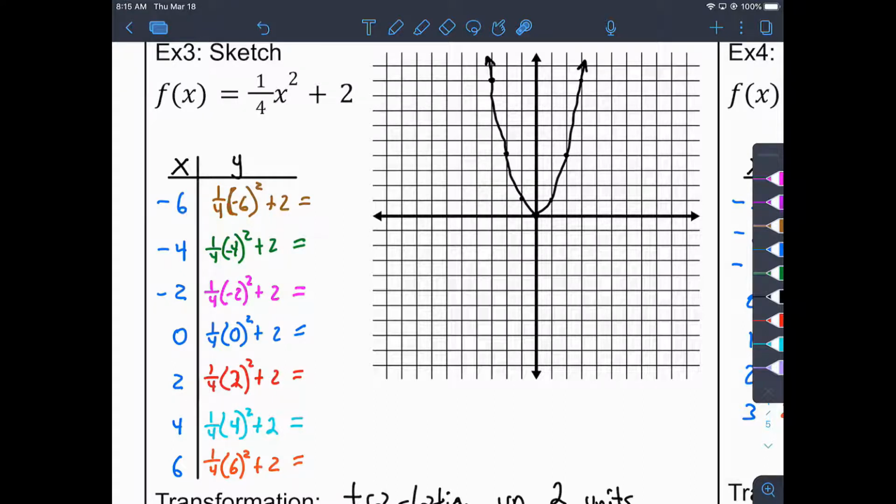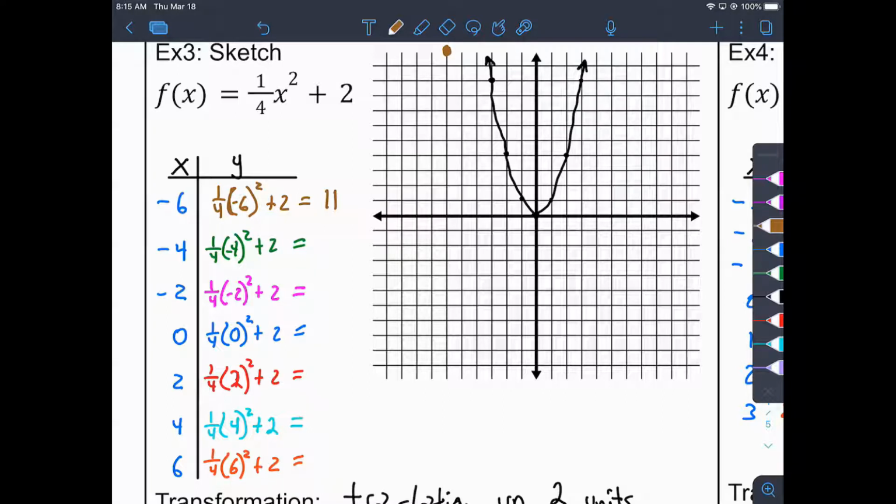I add 2 to that. That is 11. So I can graph backwards 6 and up to 11. Now this is 10, so 11 is just right there on the edge. Oops, and I've lost where -6 was. There we go. It's right there.